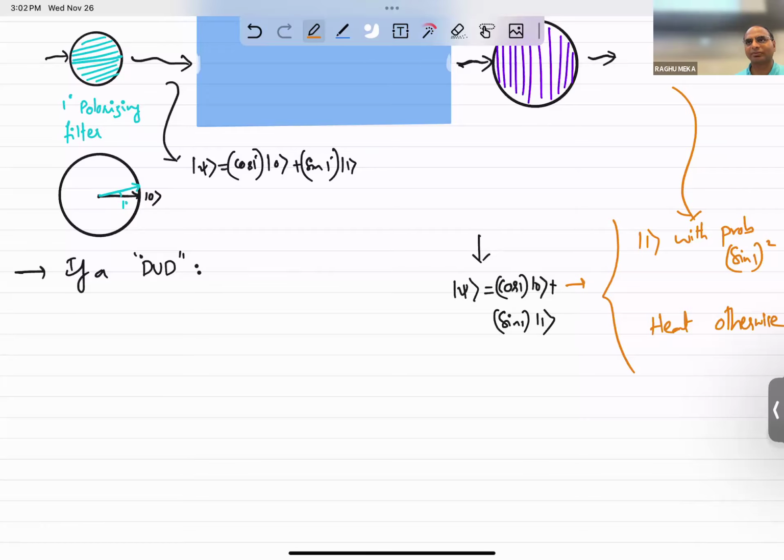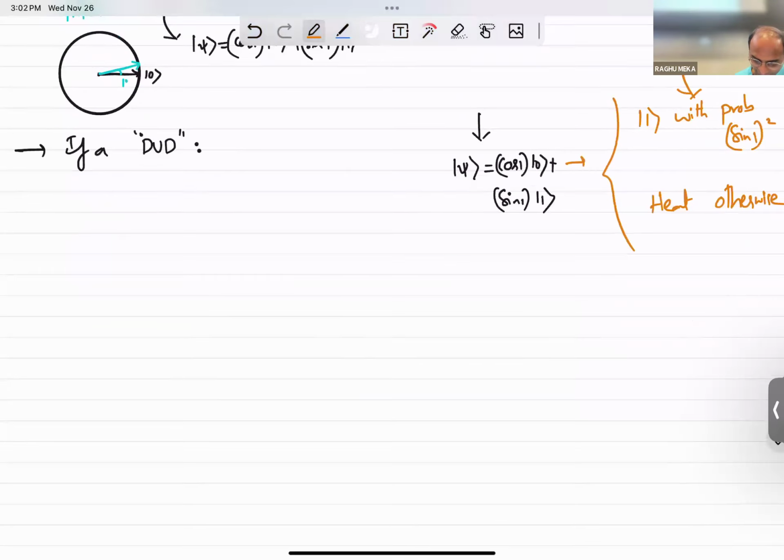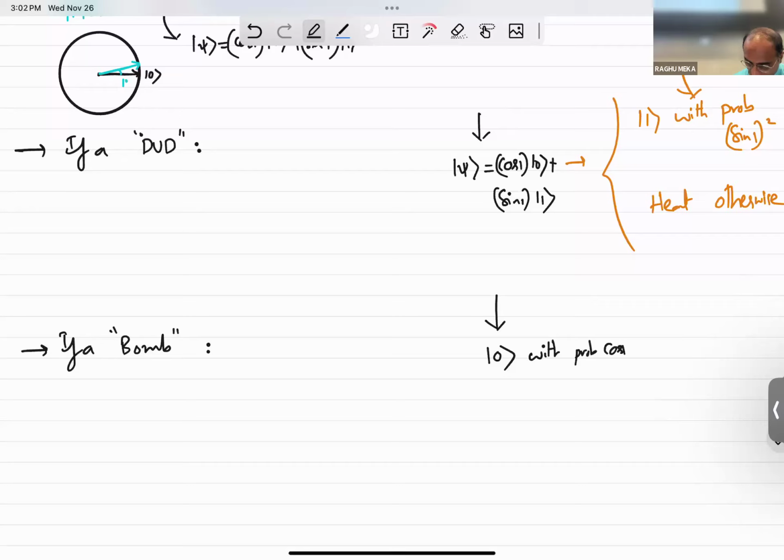Okay? Right? On the other hand, if a bomb, then what I see is, if there is no explosion, it has to be a 0. Right? So with probability cosine 1 whole squared or an explosion. Okay?